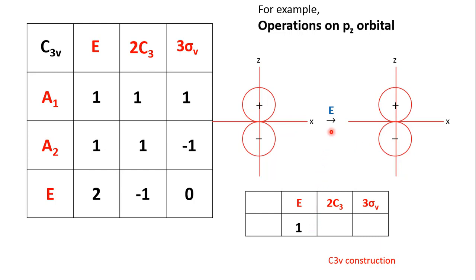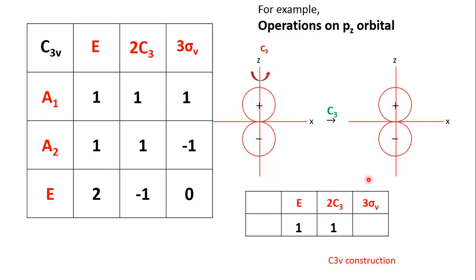Next we perform the C3. C3 is the principal axis. Principal axis is, by convention, along the z axis. And when you rotate about the principal axis, the plus or minus lobe stays on the axis itself, so they will not change their positions, they will not get interchanged, and so it is symmetric.